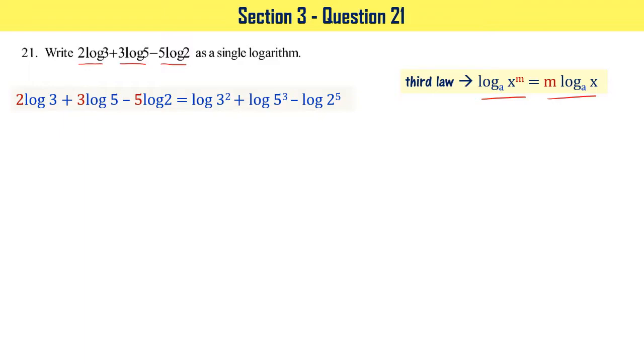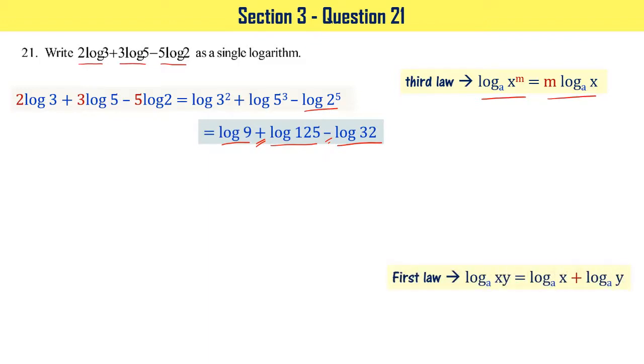Let's simplify these terms. Log 3 square can be written as log 9, and log 5 cube is log 125, and log 2 power 5 is log 32, right? Now if you observe, you have plus sign here, we have minus sign here, right? Let's quickly recall the first law of logarithm. It says that log x plus log y equal to log xy, right?